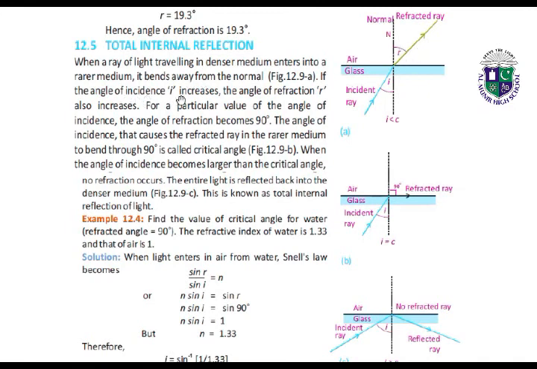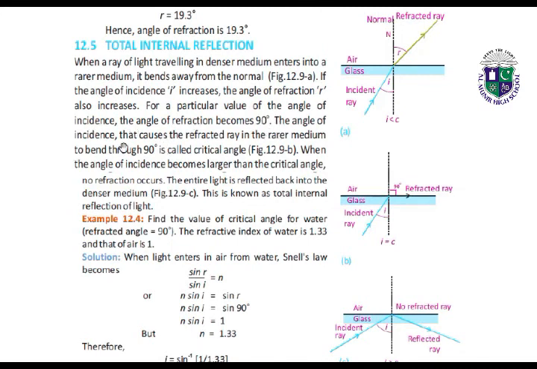If the angle of incidence i increases, the angle of refraction also increases. Look at these angles. If one increases, the other also increases. For a particular value of the angle of incidence, the angle of refraction becomes 90 degrees.